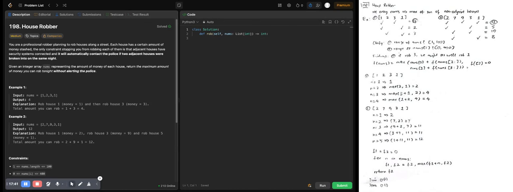At the end, we just return F2. I think this should work.